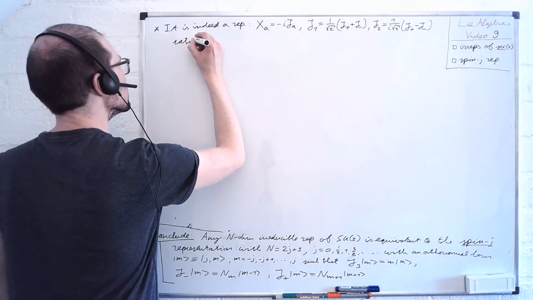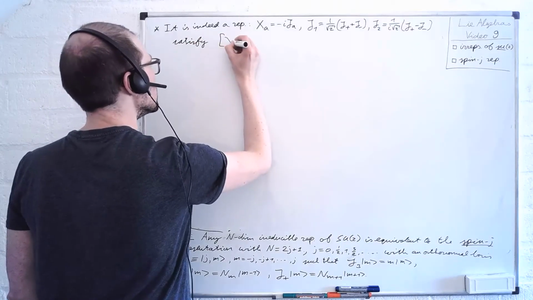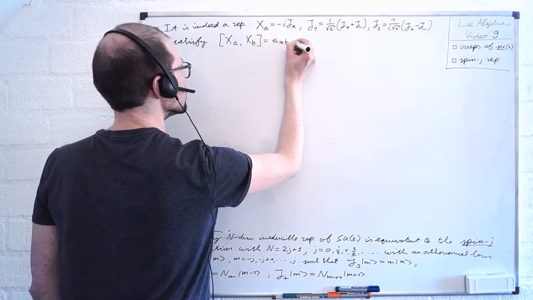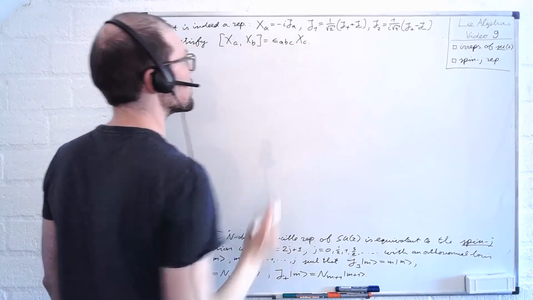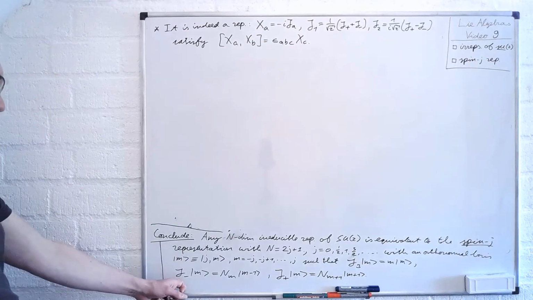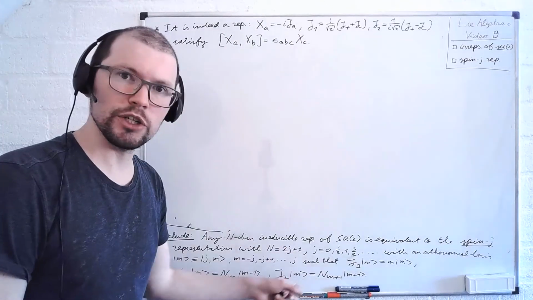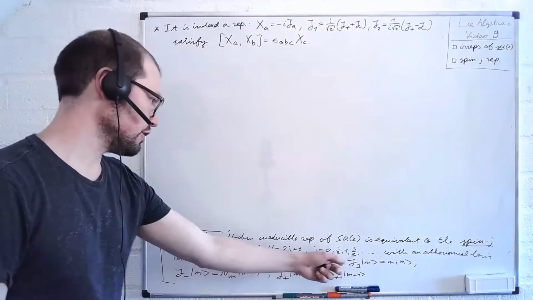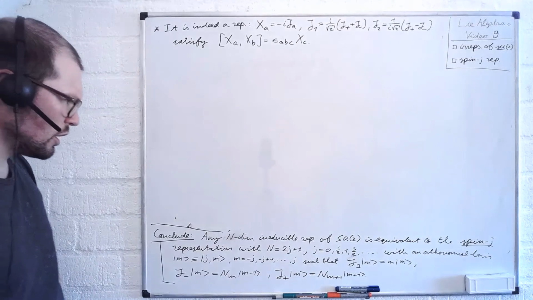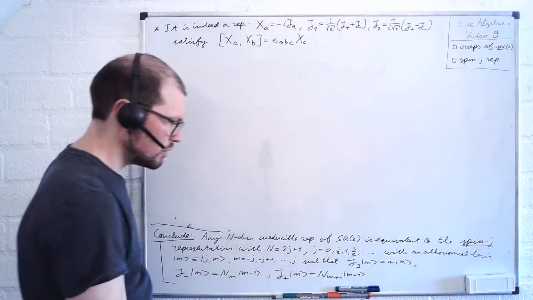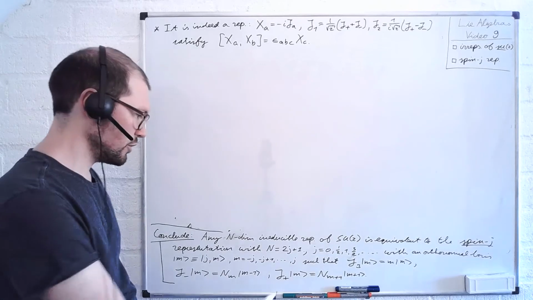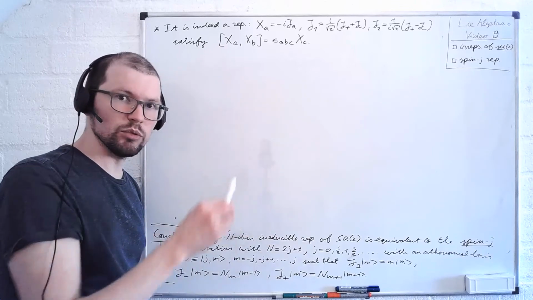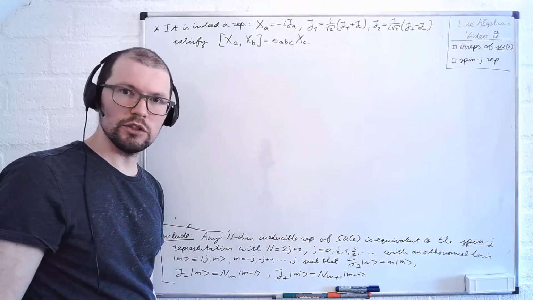You can check that they indeed satisfy the commutation relations that they should for SU2, just by plugging in these explicit expressions that we have for these operators J plus minus and J3. Note from here that it's also easy to write down the explicit matrices for these operators, since these states m really just label, if you like, the columns in your matrix.